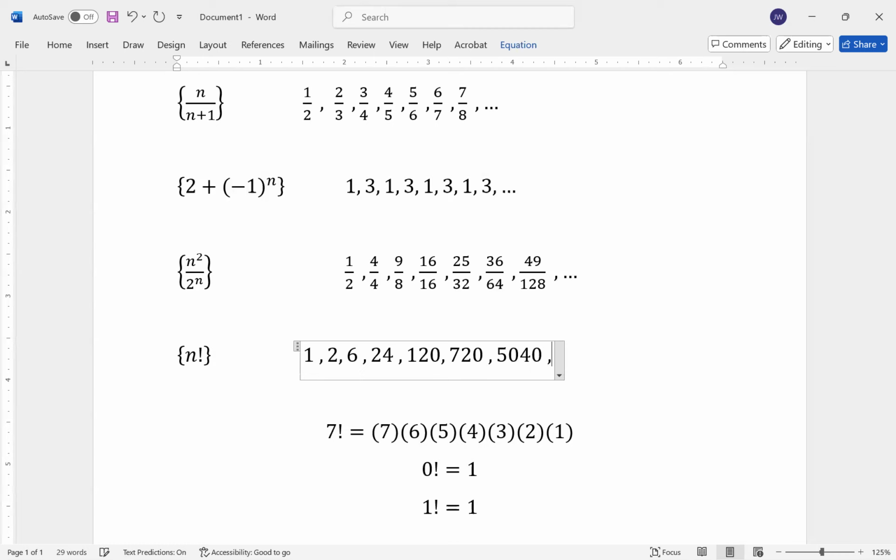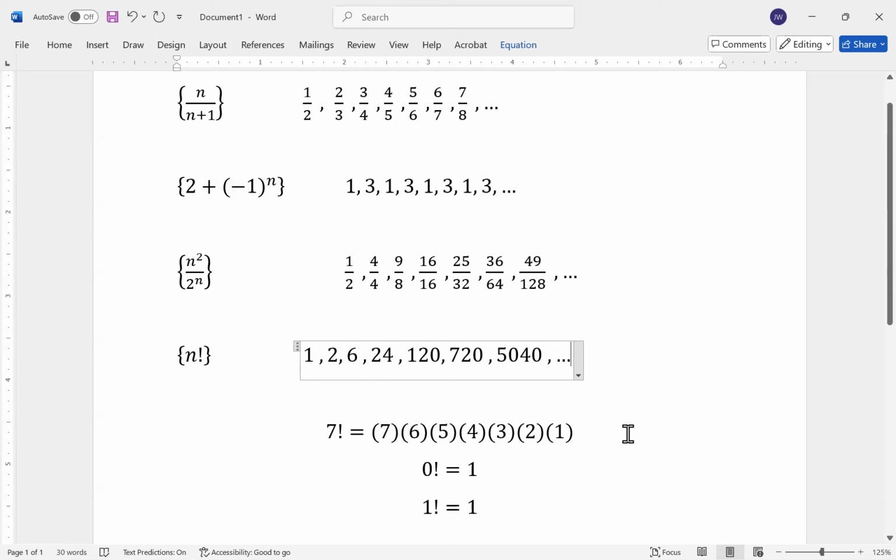Excuse me. Notice that factorial, while it starts out with pretty slow growth the first couple of terms, gets really fast growth as we move up. So that's a very fast growing sequence.